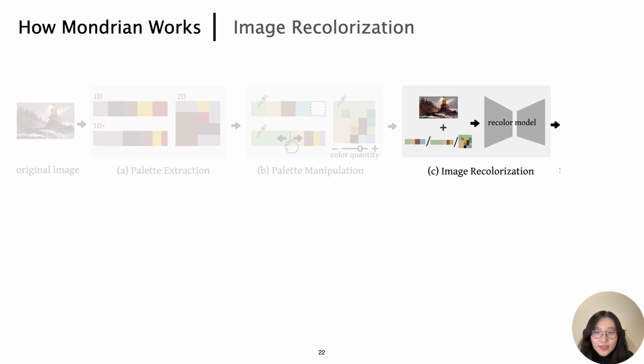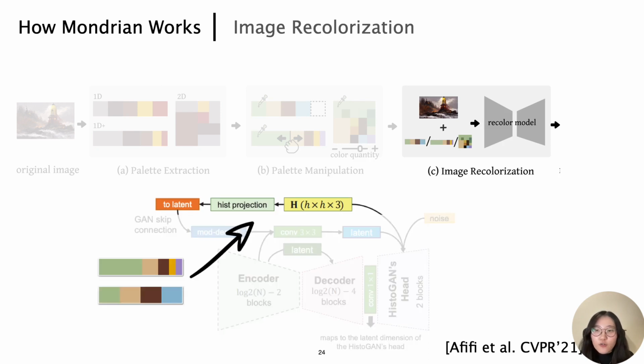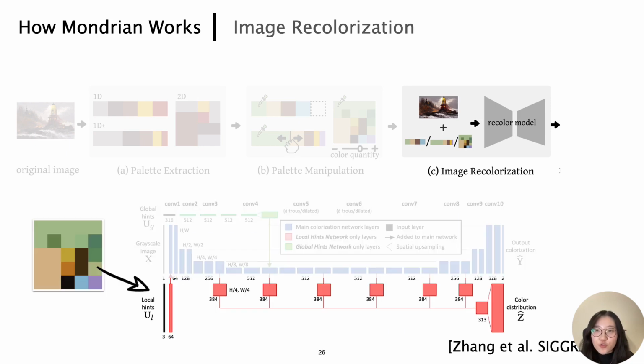With the modified palettes, we feed them to the recolor model to recolorize the image. Specifically, for the 1D and 1D plus formats, the histogram of colors is injected into the model as the condition for the model to optimize for. And for the 2D palette format, the spatial information of the colors is leveraged by the model.